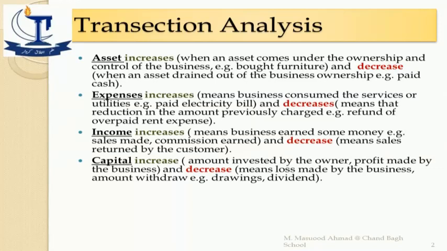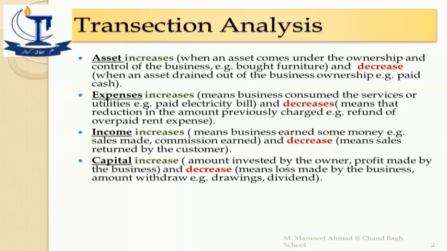Capital decreases when losses are made by the business or an amount is withdrawn from the business by the owner, which is known as drawings. In the case of a company, dividend is the draining out of your profit from your business, and that is a reduction in capital.